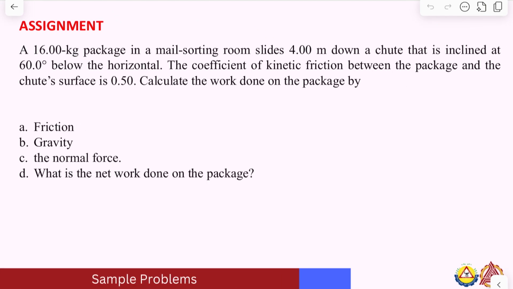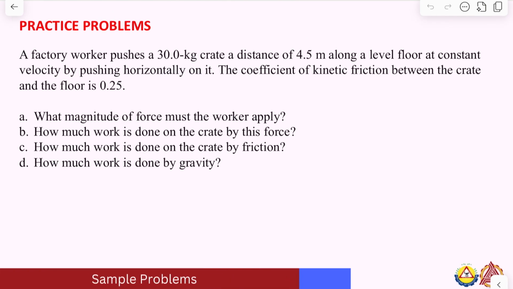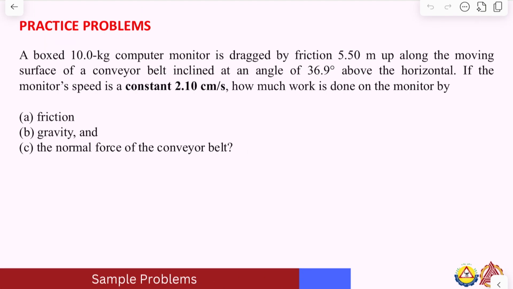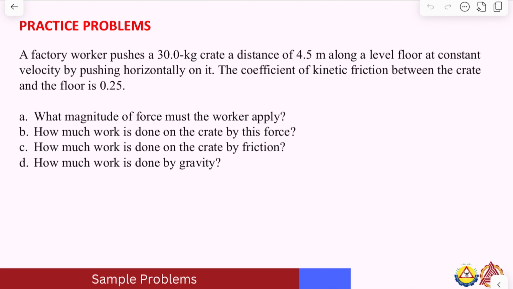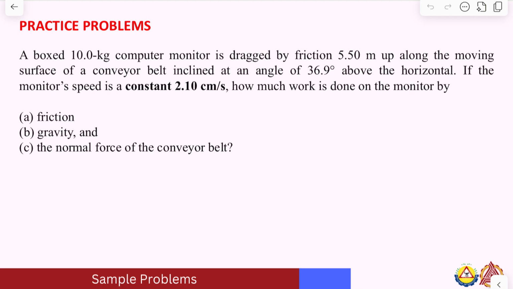This one also was given as an assignment, and then this one was your practice problem, and I promise to give the solution later this day. Okay, and this was the other problem also that you can solve out of your choice, either of the two problems. Now, I'm hoping you understand work so much, because if you understand work, the concept of power would be very easy for you to grasp.